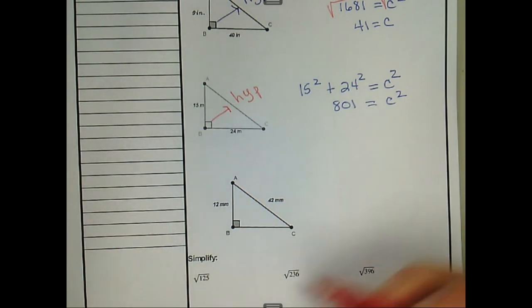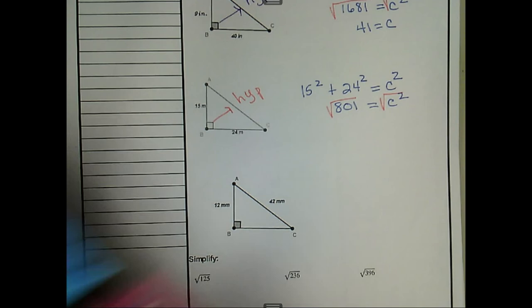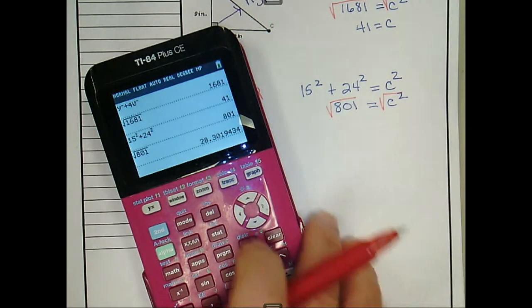The opposite of squaring is to take the square root. Let's see if it is a perfect square or not. It is not. So that means we now have to simplify this radical.